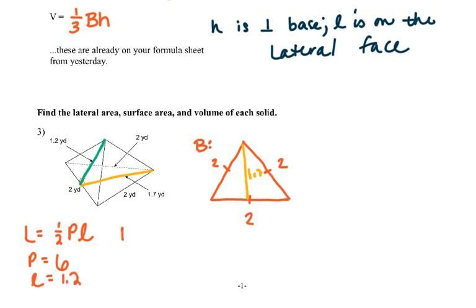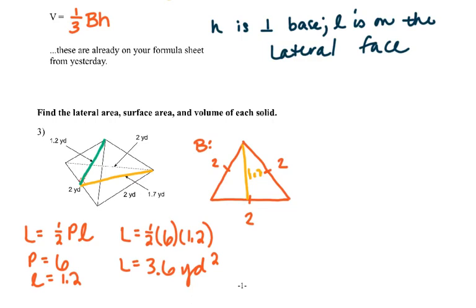So our total lateral area here is 1/2 of the perimeter, which is 6 times 1.2. Okay, so half of 6 times 1.2 is a total lateral area of 3.6 square yards.